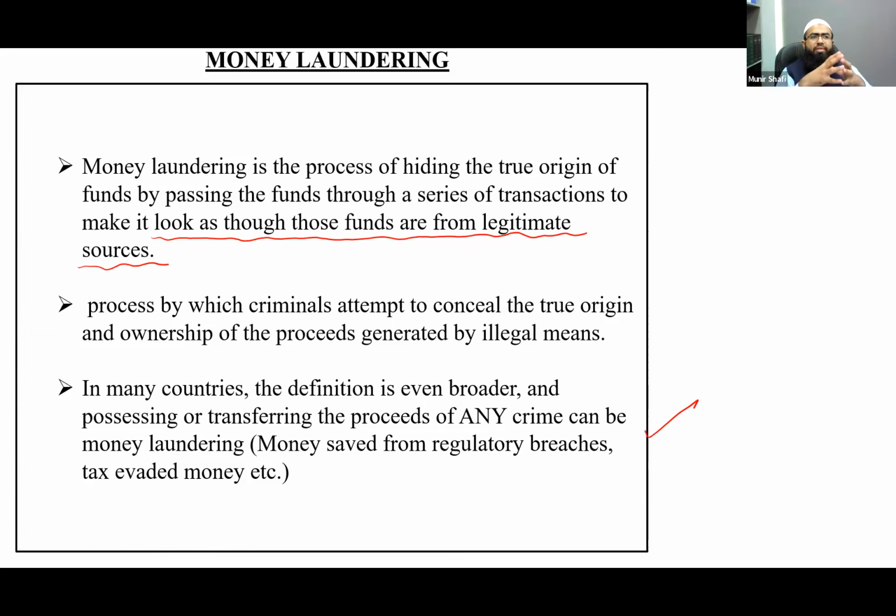Your black money is not only the money which you have earned through illegal sources, but also the amount on which you haven't paid taxes. You have evaded tax. The amount which you have saved from regulatory breaches. All these amounts are, in the eyes of law, illegal. And any means which you opt to clean this amount is illegal, and that's called money laundering.